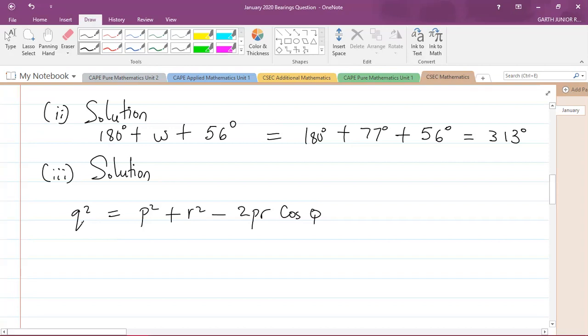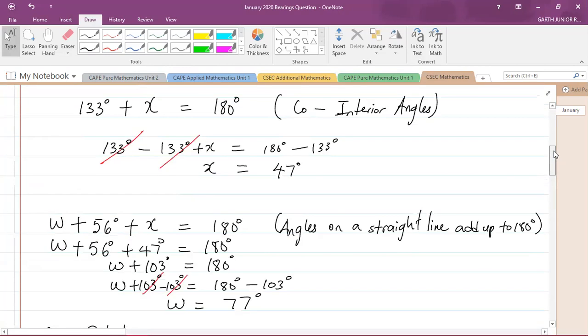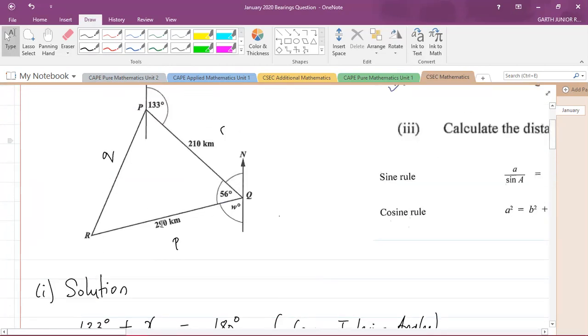So Q squared is going to be equal to P squared. Let's just look at the diagram. Small p is the 290 kilometers, and R is the 210 kilometers.